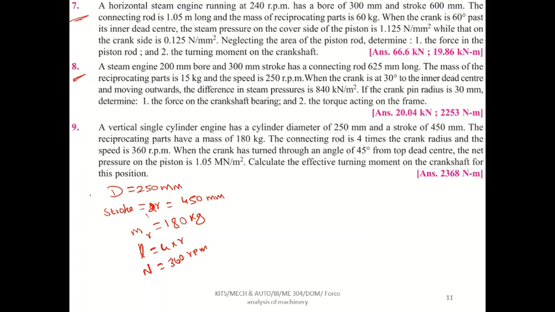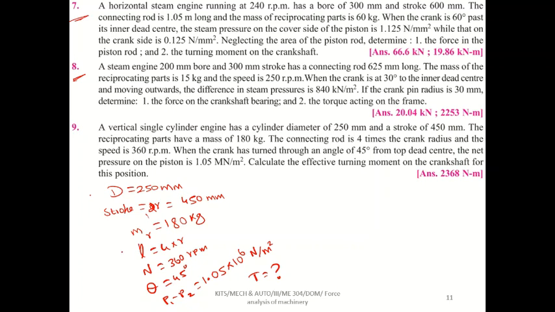So the crank is moving down. The net pressure P1 minus P2, in meganewton, so 10 power 6. Calculate the effective turning moment on the crankshaft for this position. So we have to find out the turning moment value, T value.